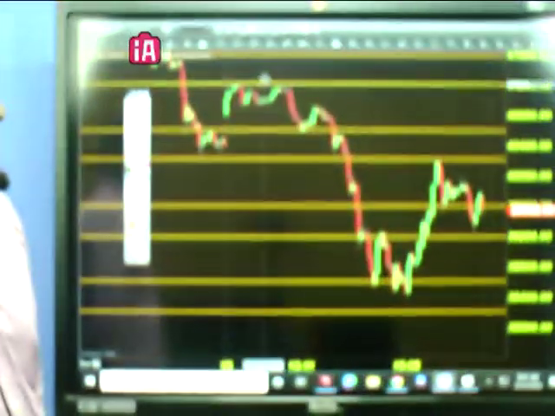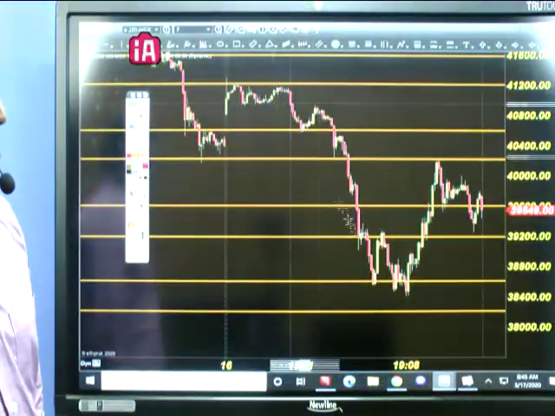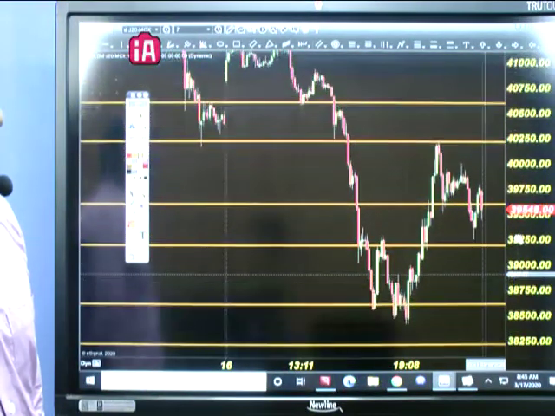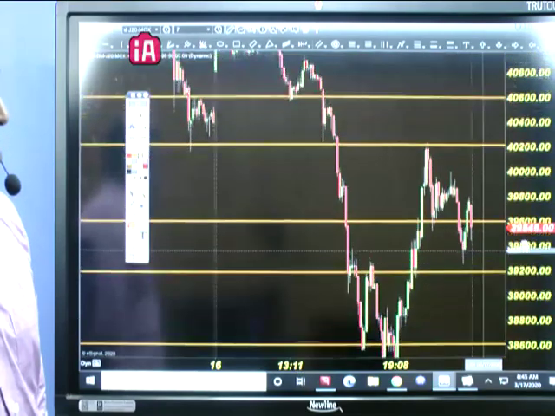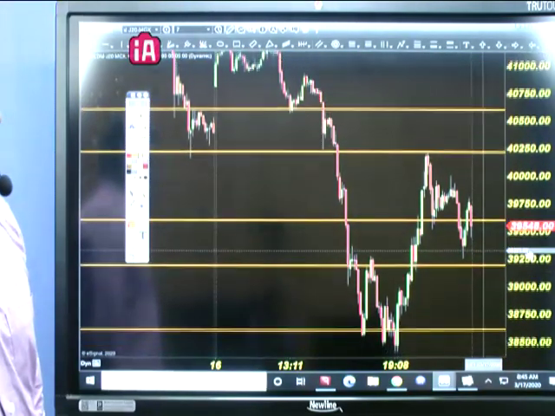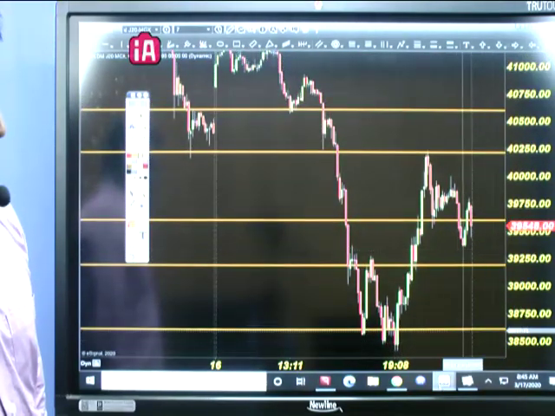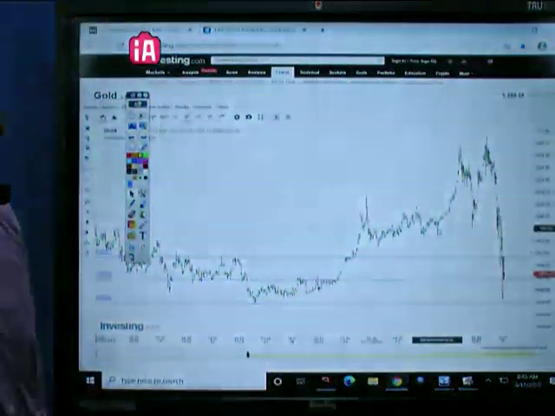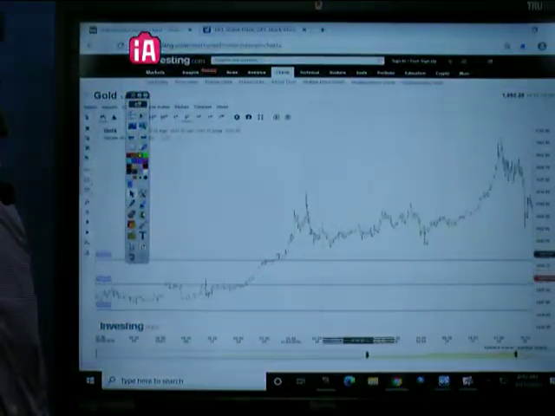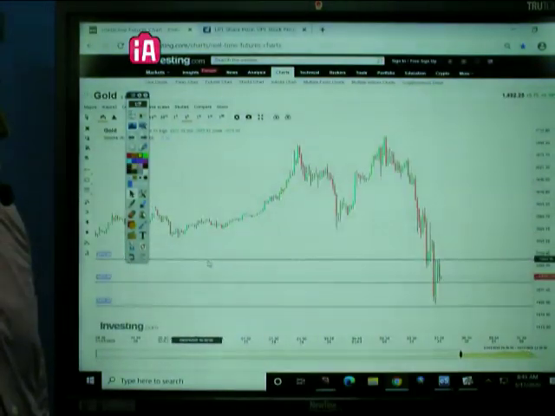Yesterday what happened? Yes, 41,200 straight away drop. We also felt that gold should drop, and now on seeing the recent price, let's see where the price can open. So I'm going to enlarge the scale, change it to 1 hour.